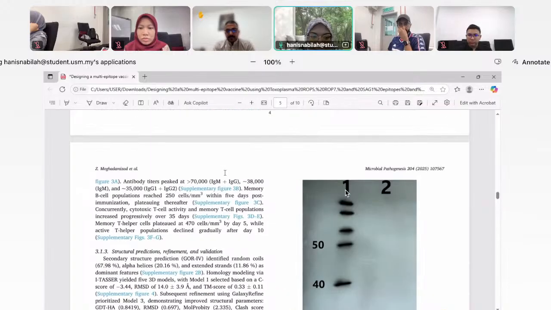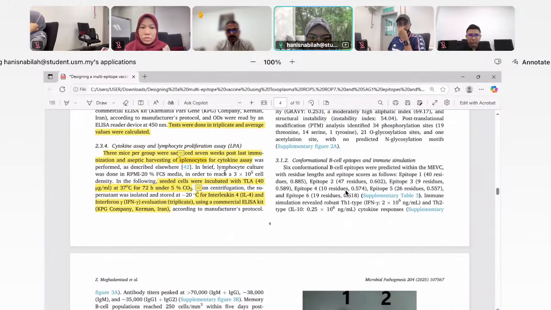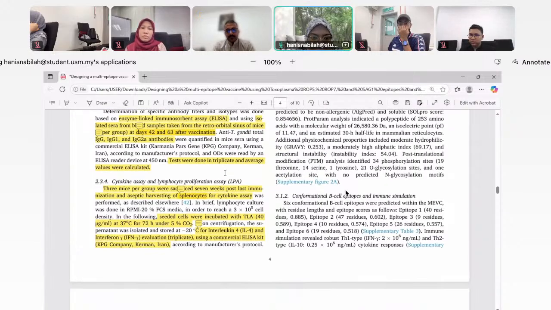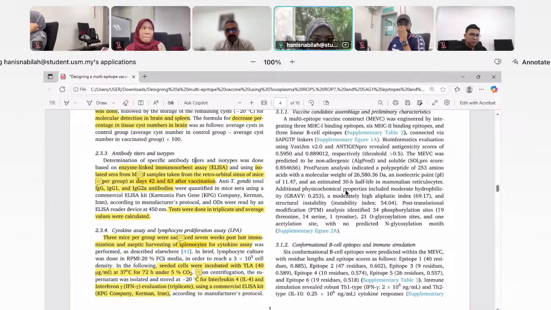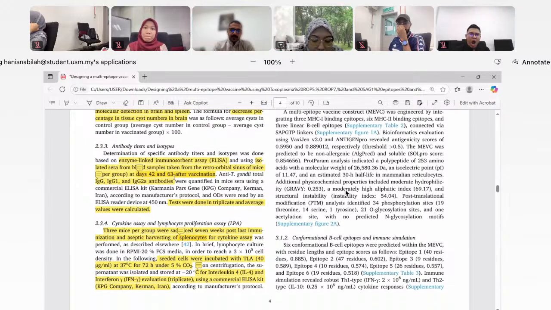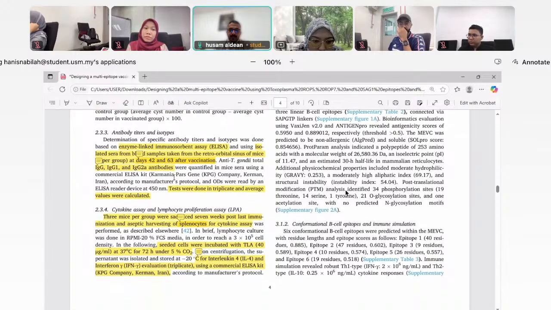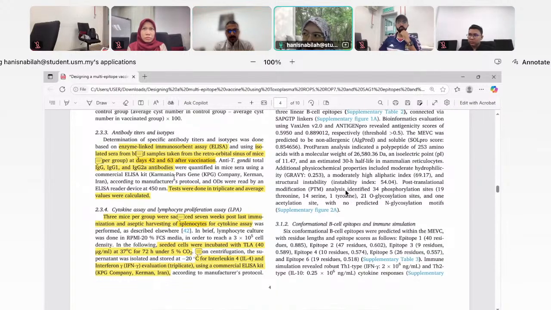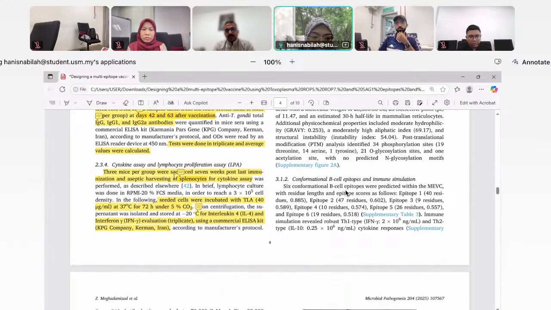Basically they take the brain and spleen from the mice. And for the antibody titer, they take blood, and from the blood they take the serum. Yeah, the serum.